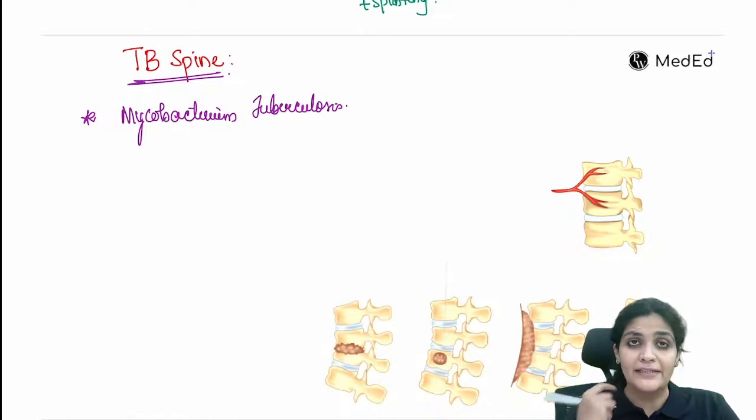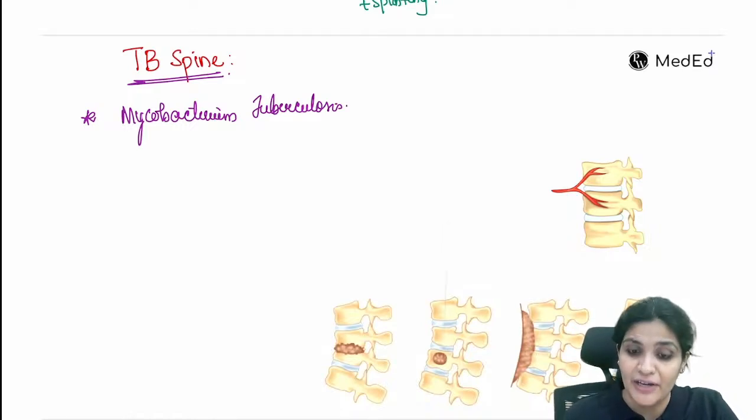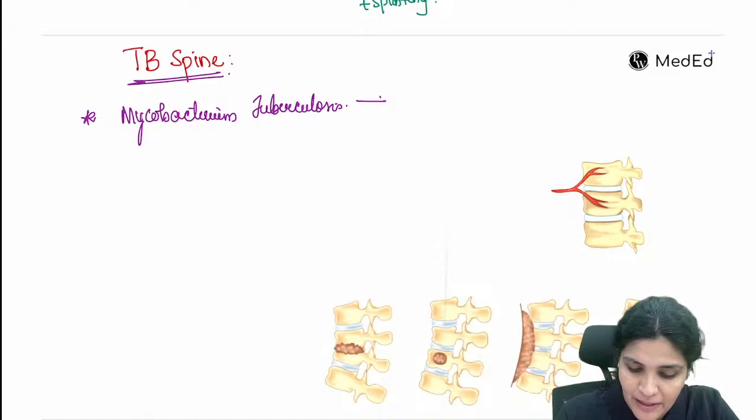Right, so this Mycobacterium tuberculosis will result in the infection of the spine. It is a chronic infection and usually involves the spine followed by the hip.